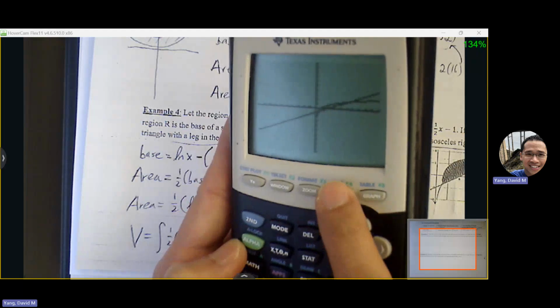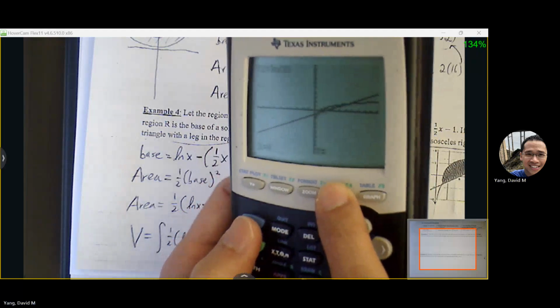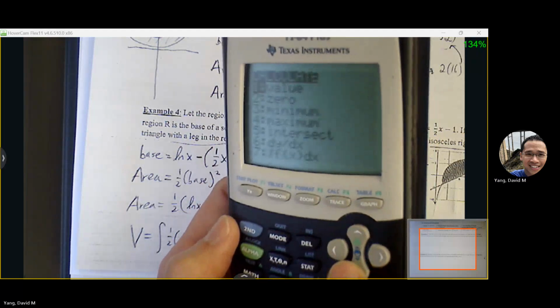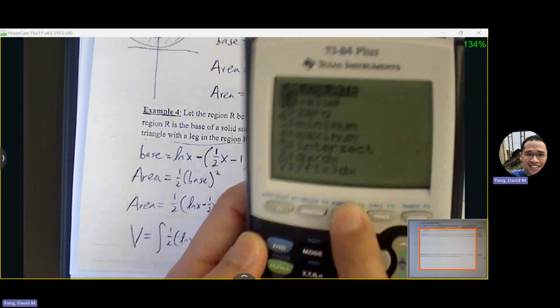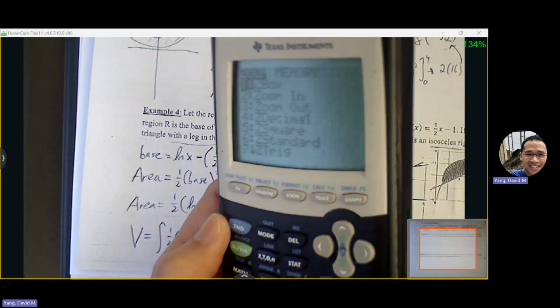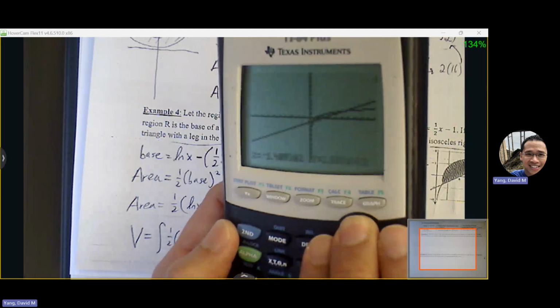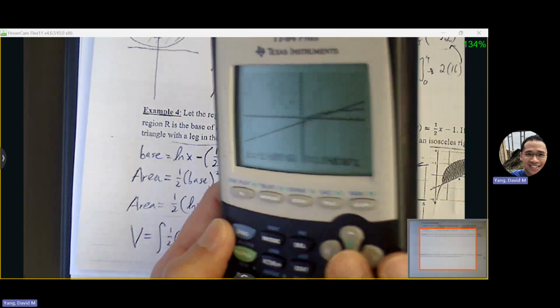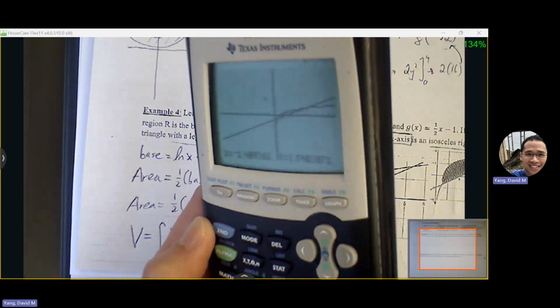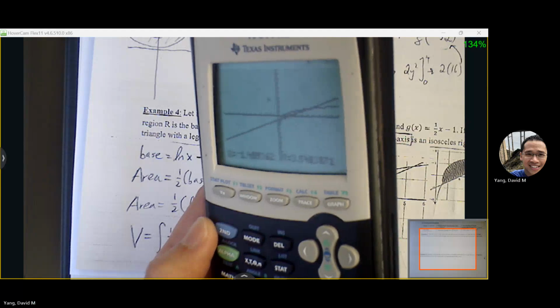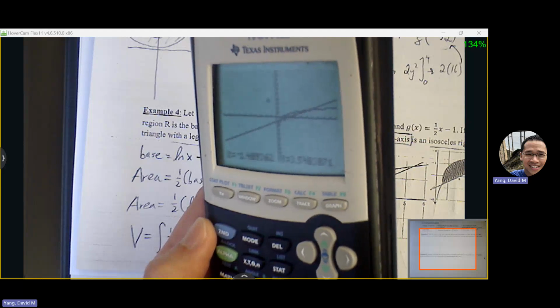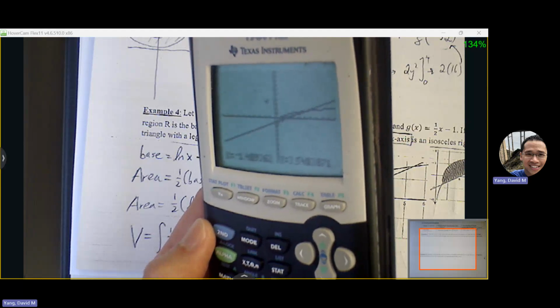So if you do second trace, sorry, zoom, click on zoom, and if you do zoom box, you can draw a box around that region that you want to zoom in on. So I'm just moving my cursor to a good spot for the upper corner of my box.